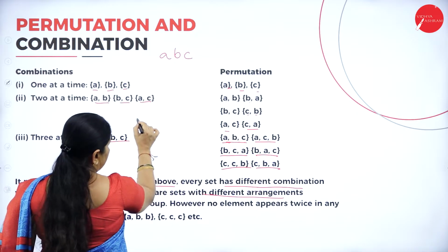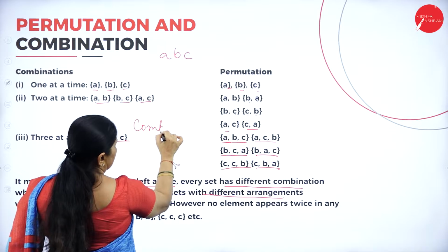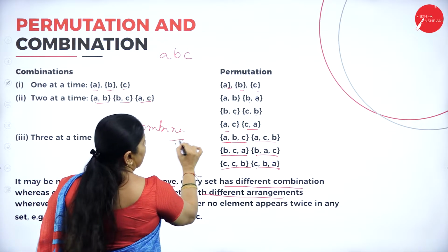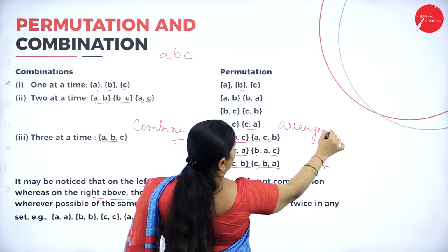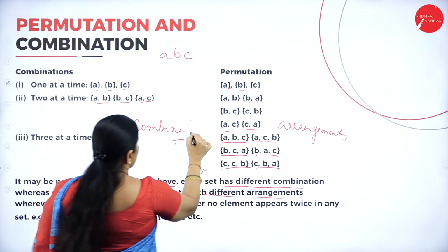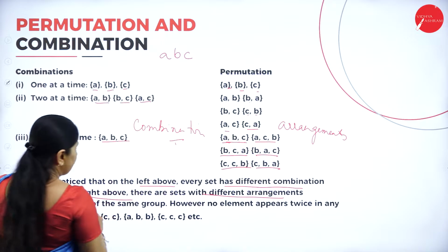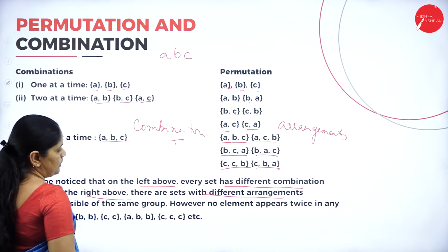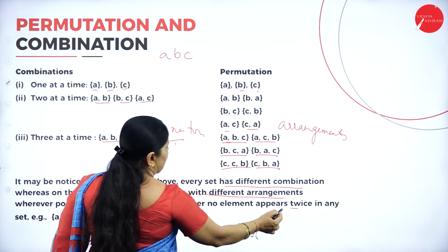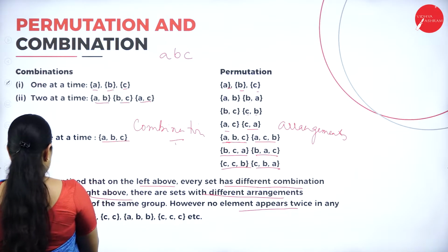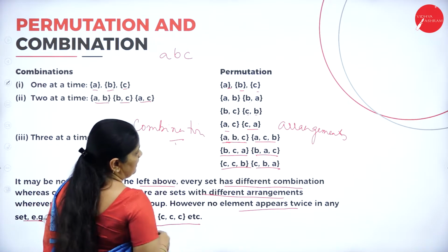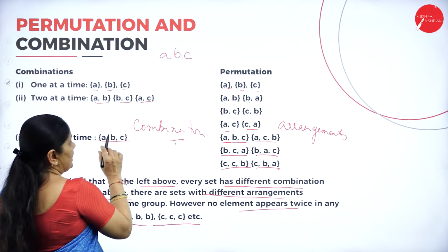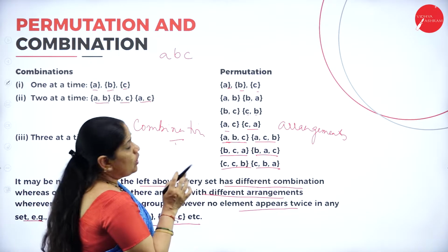So this is combination and this is arrangement. However, no element appears twice in any set. So you have only a permutation and a combination.